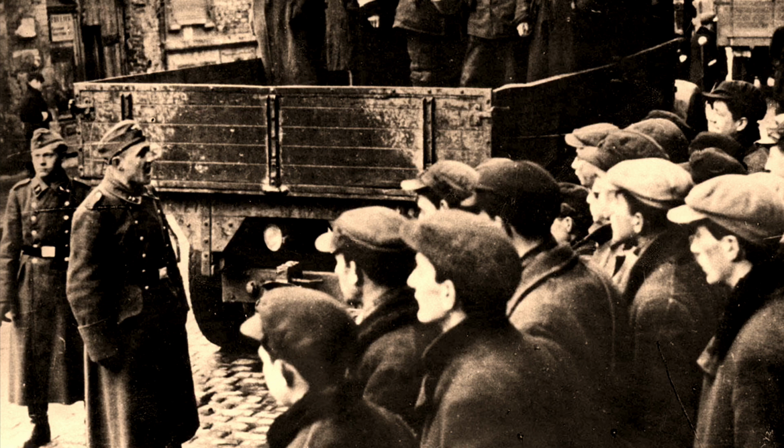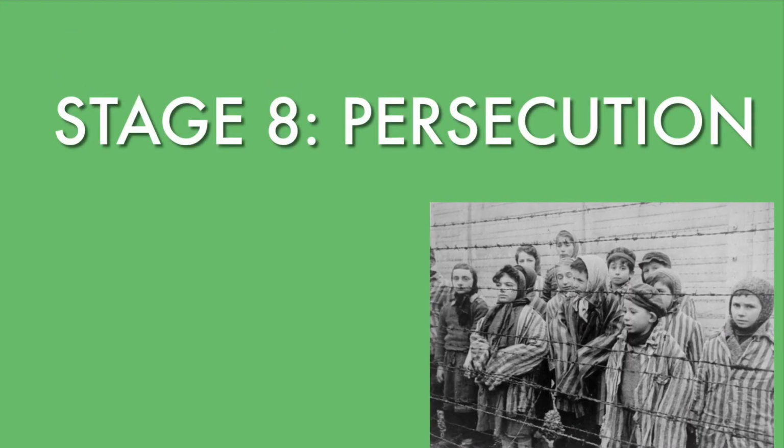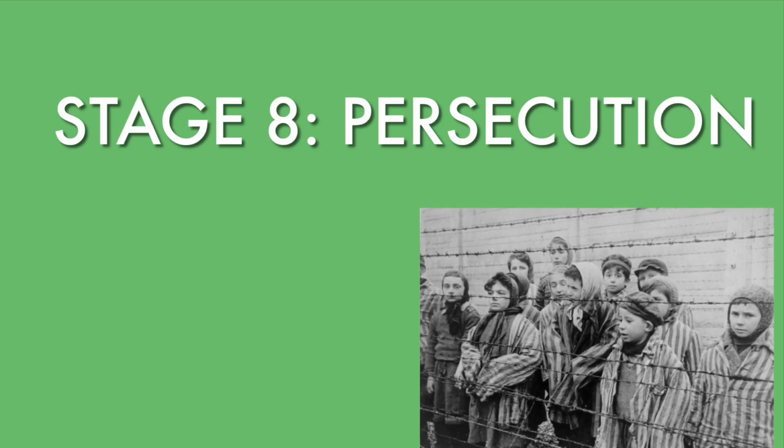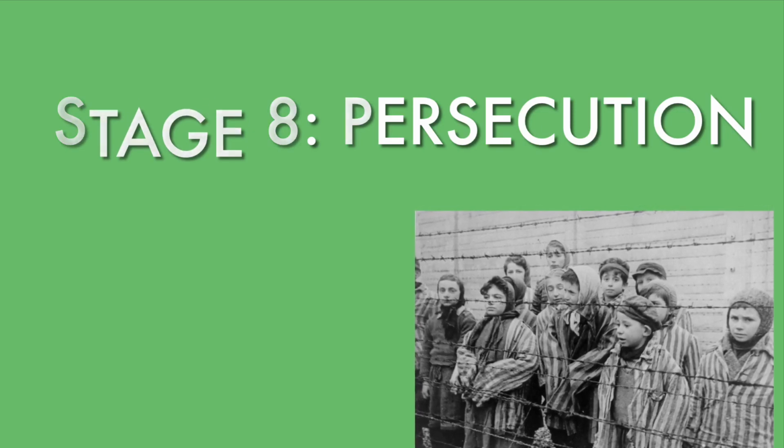At this point in the Holocaust, Hitler and the Nazis referred to what they were doing as counterterrorism and used phrases like, if we don't kill them, they'll kill us. There's still one more thing that needs to be done before the actual killing, and that's stage 8, persecution.